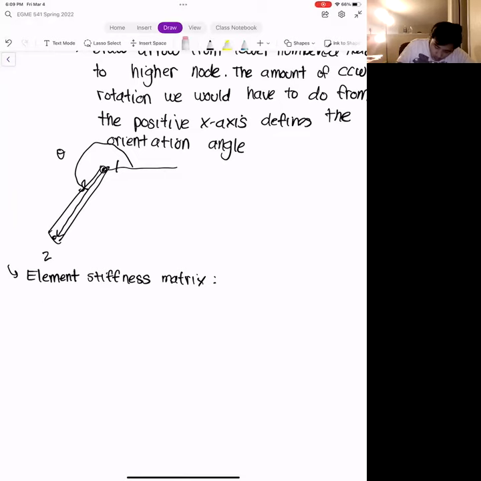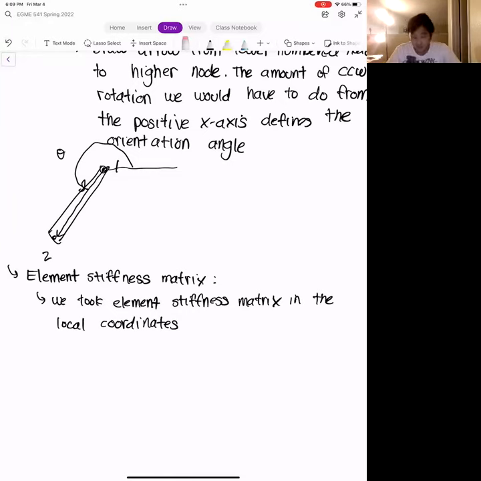Let's just say that we took, where, if you remember, the element stiffness matrix in the local coordinates looks something like this. So it's simply just a 2x2 matrix.